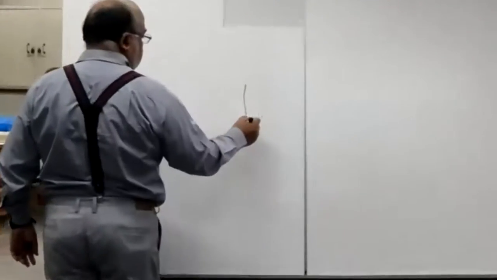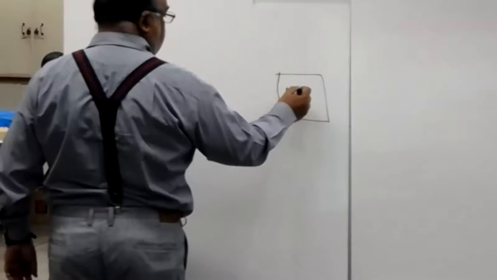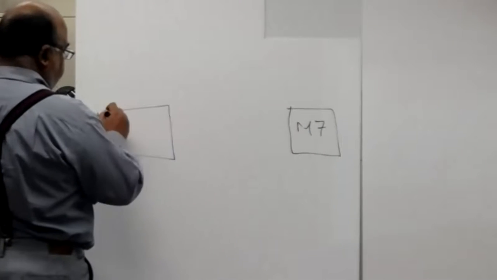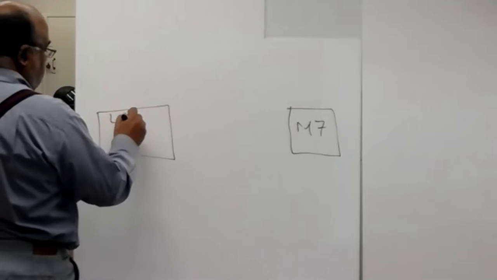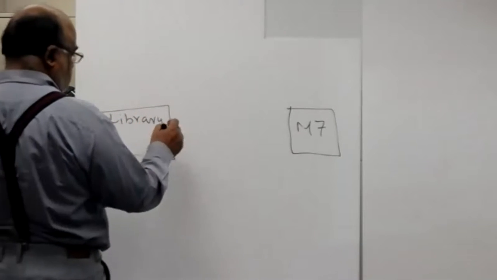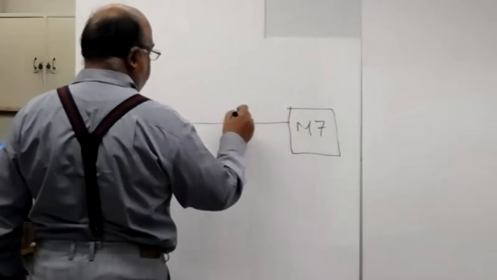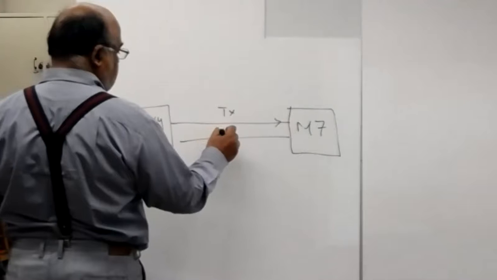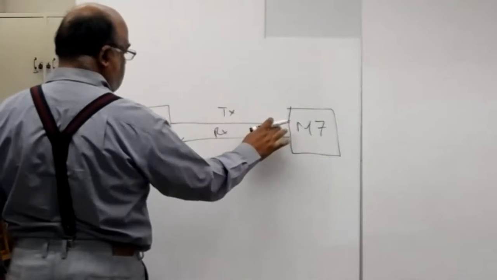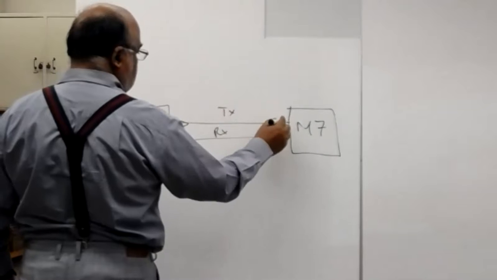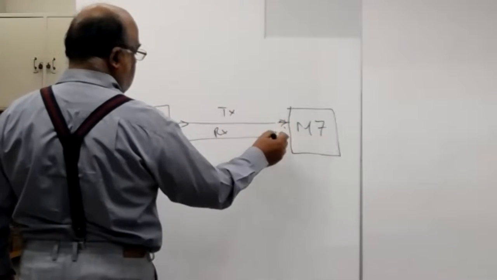That if you have a building here, say M7, and you have a building here, say library building. So if you transmit normal transmission, TX, RX, and RX and ground.